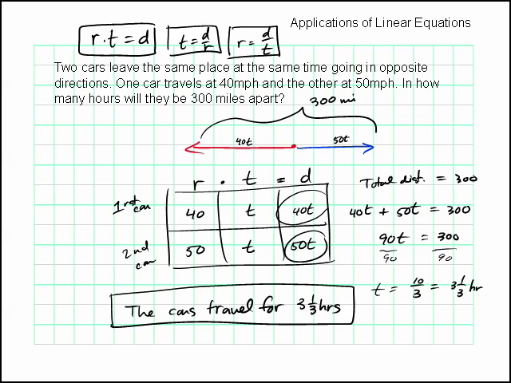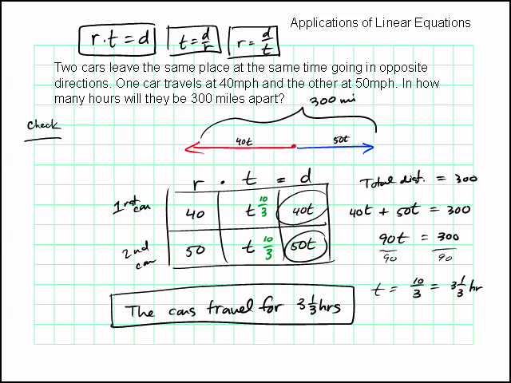If I want to check the answer, what I need to do here is just plug it in. Here's my check. I'll put it in green here. Time is 10/3 for each one.